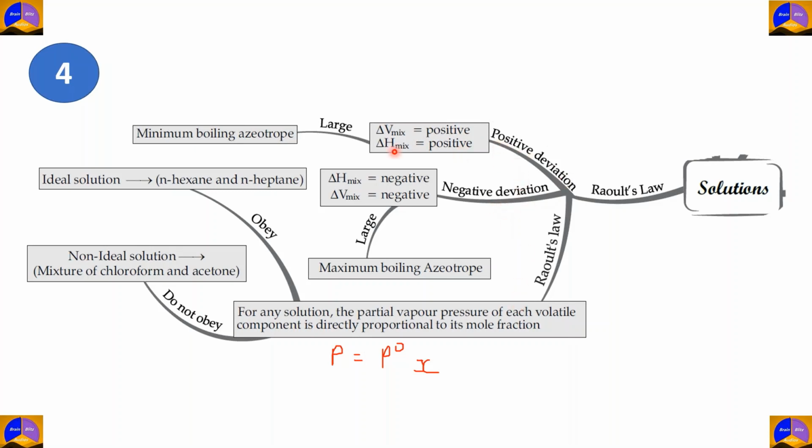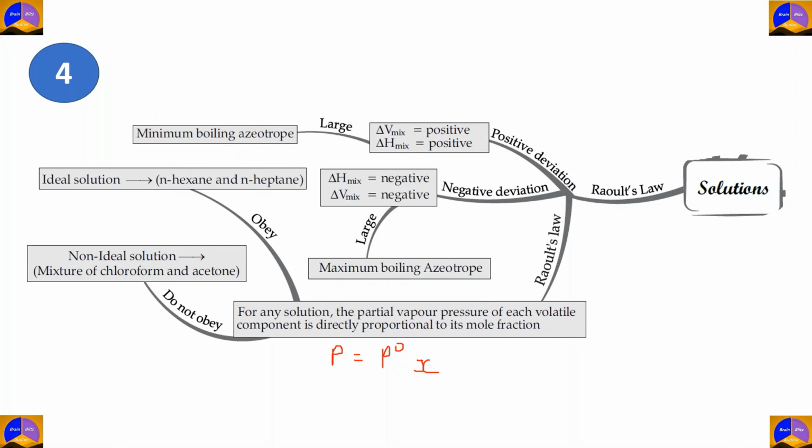So if the volume of the mixture and the enthalpy of the mixture of a solution has positive deviation from Raoult's Law, which means that both the values are positive, then the solution has undergone positive deviation from Raoult's Law. Therefore, it forms minimum boiling azeotropes.